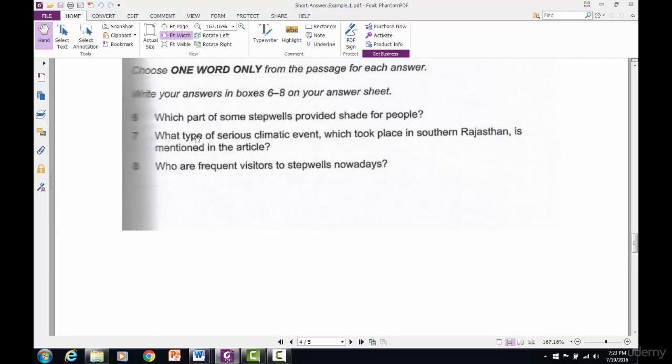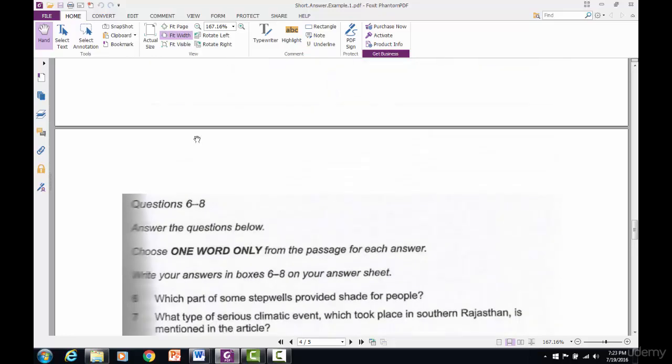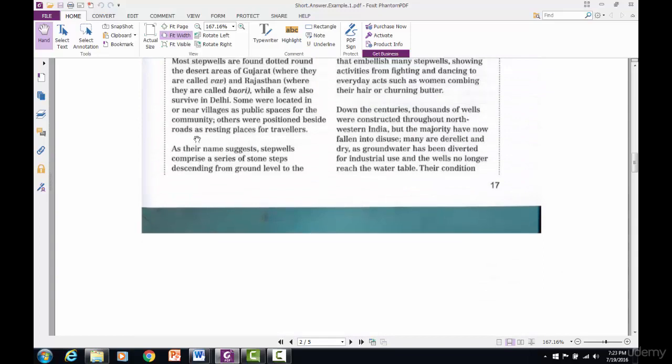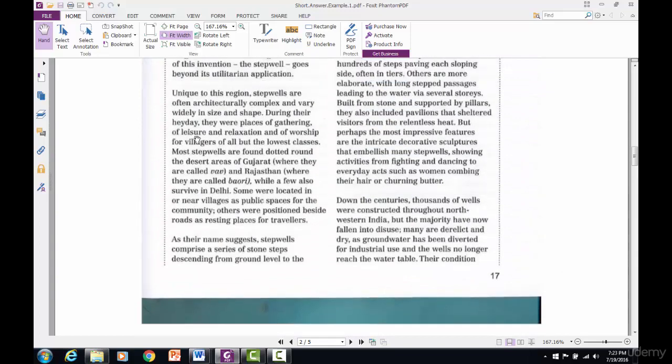All right, now let's look for number 6. We know it comes before number 7. We're looking for a sentence that talks about shade. It says, which part of some step wells provided shade for people? So I'm just going backwards from where we started.